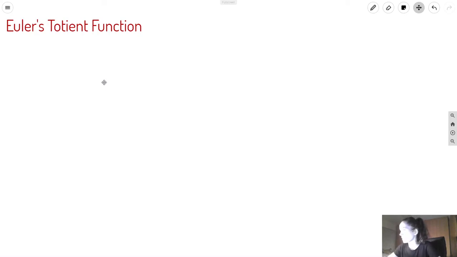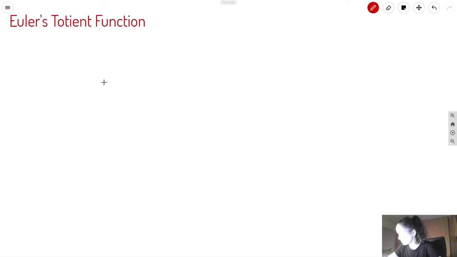Okay, so Euler's totient function, we write it like this. We read this as phi of n.